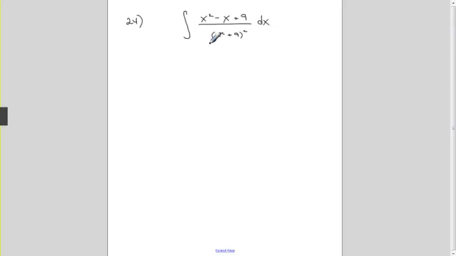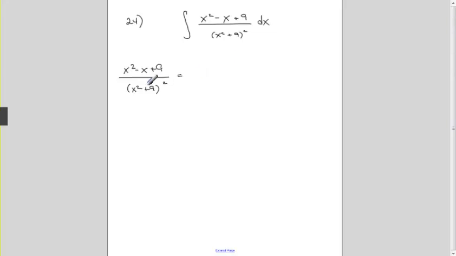So what we have is a fraction where the denominator is a repeating quadratic. And just like with repeating linear factors, we have the term by itself, and then we have the term squared. So we're going to look at the rational function first, and then decompose it into two fractions. And once we do that, then we can do the integration.